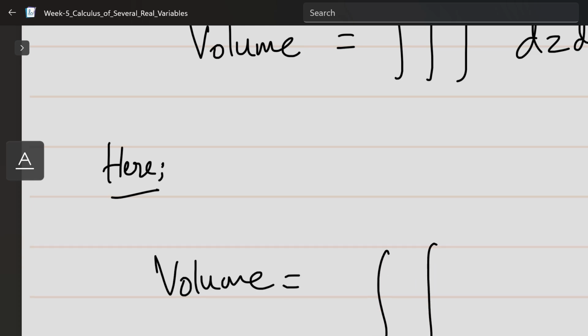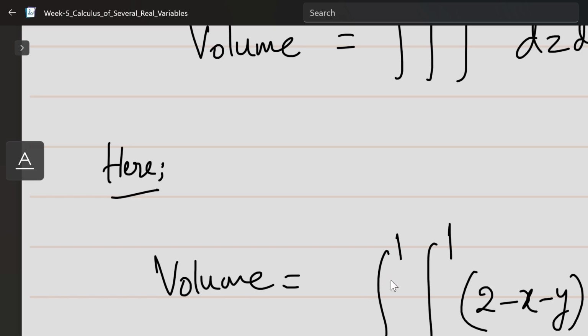integral, z is from 0 to 2 minus x minus y, dy dx, or dx dy, whatever, I can write both. Where x is from 0 to 1 and y is also from 0 to 1.